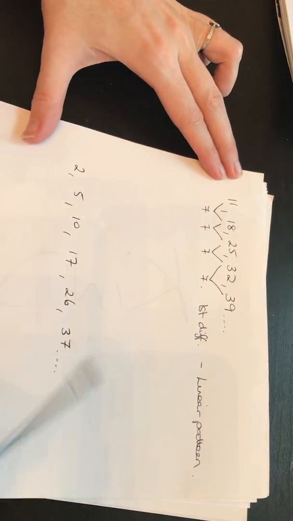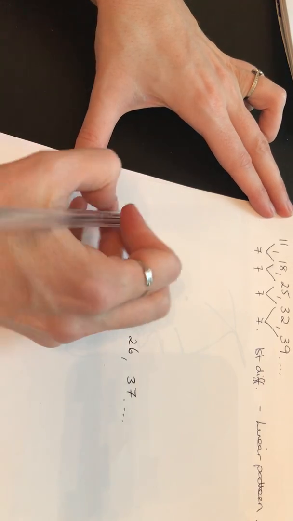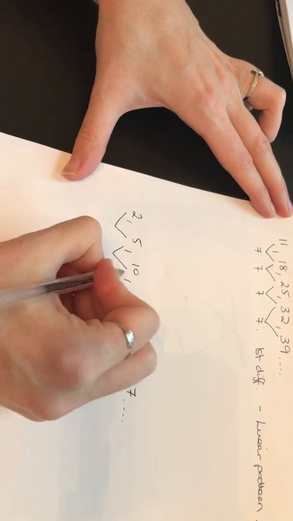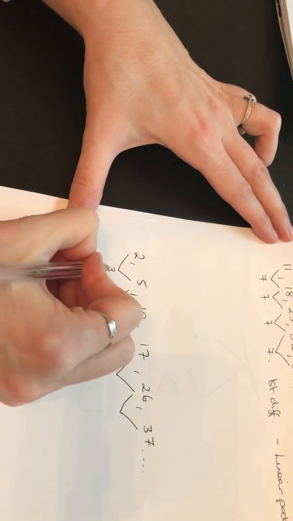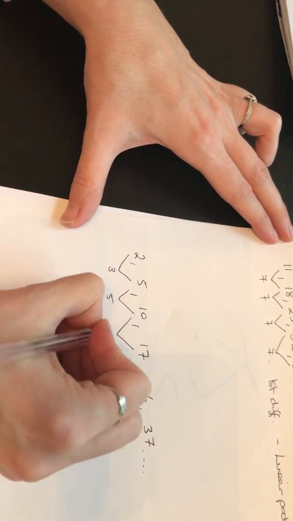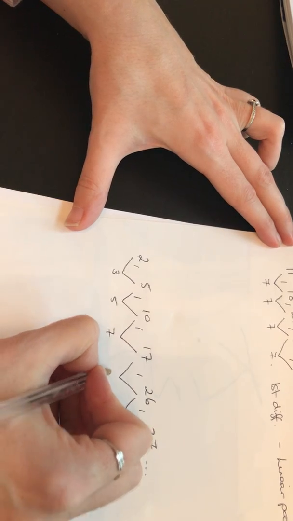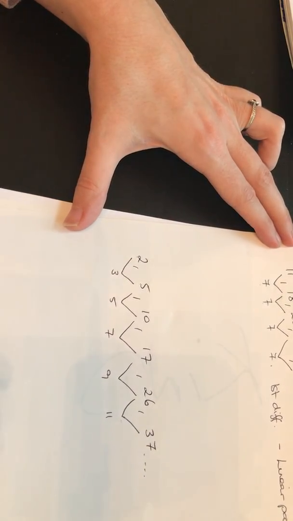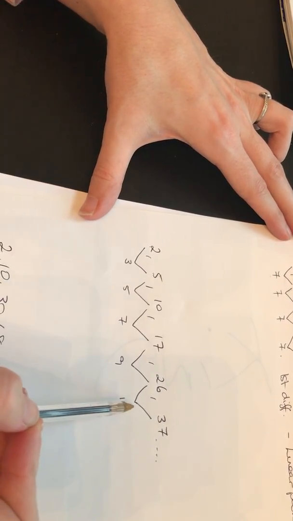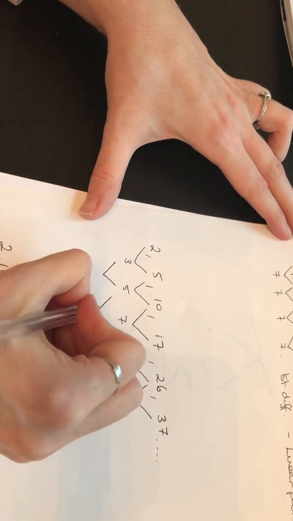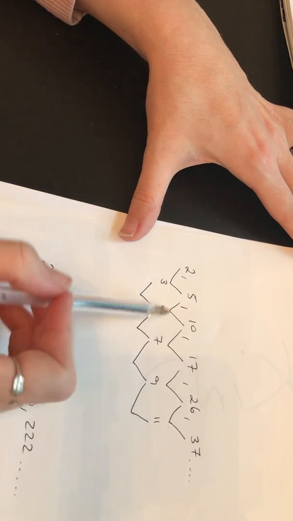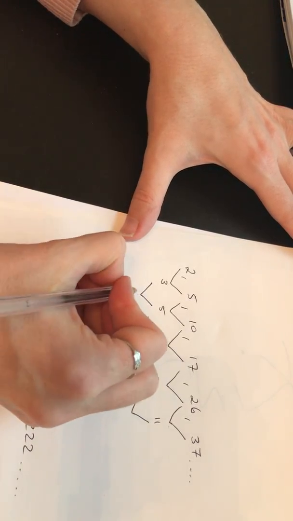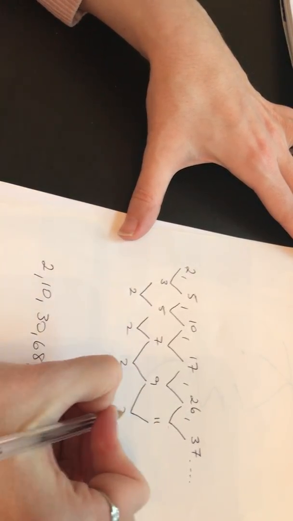Let's have a look at this one. If the first difference is the same, we're looking at another linear here, but we need to check this. So the differences there are 3, 5, 7, 9, 11. Okay, so it's not a consistent one. But if we go for the second rate of change, the second difference, 2, 2, 2, 2.